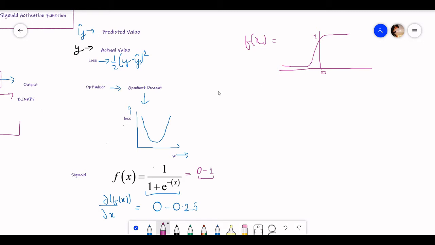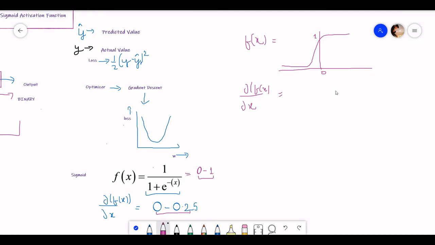If I find the derivative of the sigmoid activation function, del of del x of f(x), it should lie between 0 and 0.25.